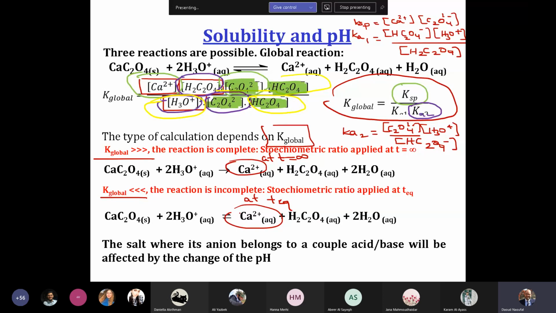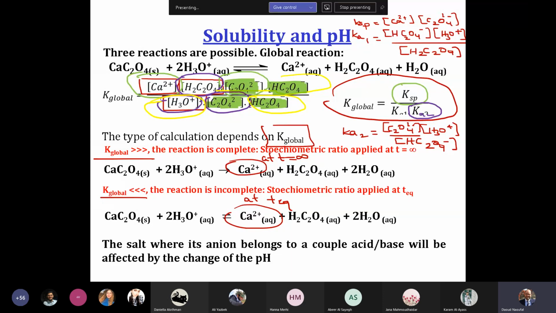If K global is very low, the reaction is incomplete. In both cases, you can calculate Ca2+ at the equilibrium state. Ca2+ is obtained from the addition of H3O+, so you can know the effect of H3O+.